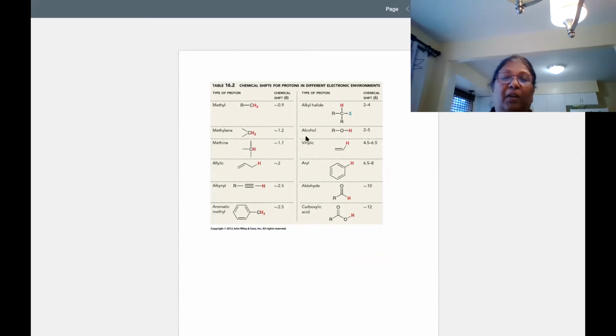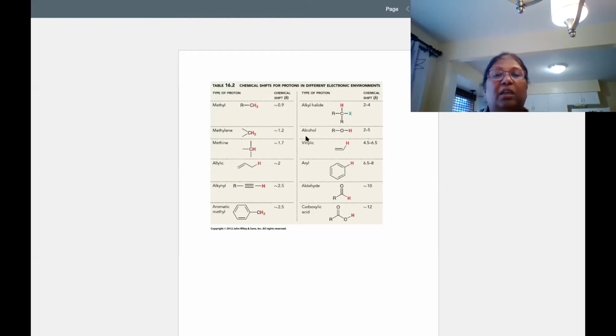I didn't talk about it until now. The carboxylic OH, although it's an OH, this OH is next to the carbonyl group, so it's shifted even further. So that's 12. So if you have an alcohol group and a carboxylic acid, you'll have 2 hydrogens, and you'll see that OH way at the other end. Okay, so those are hints.